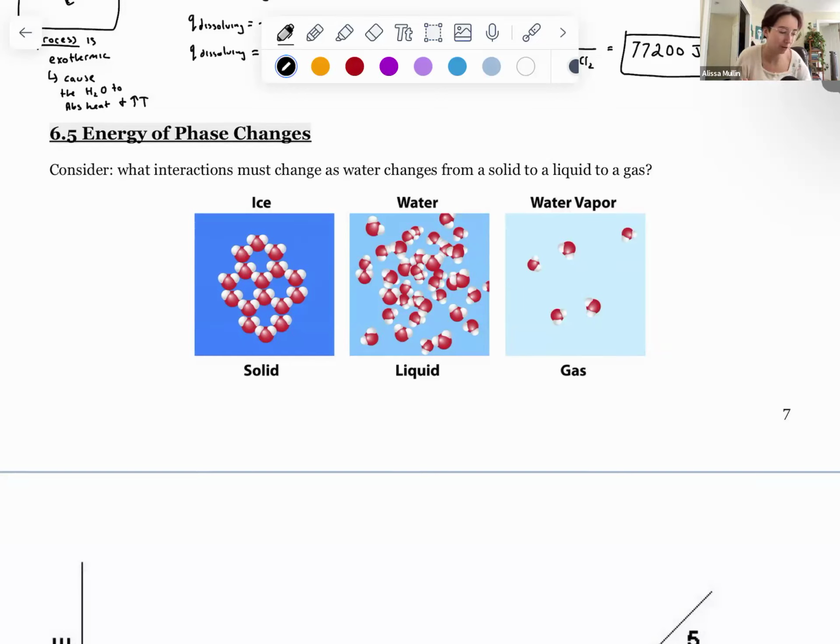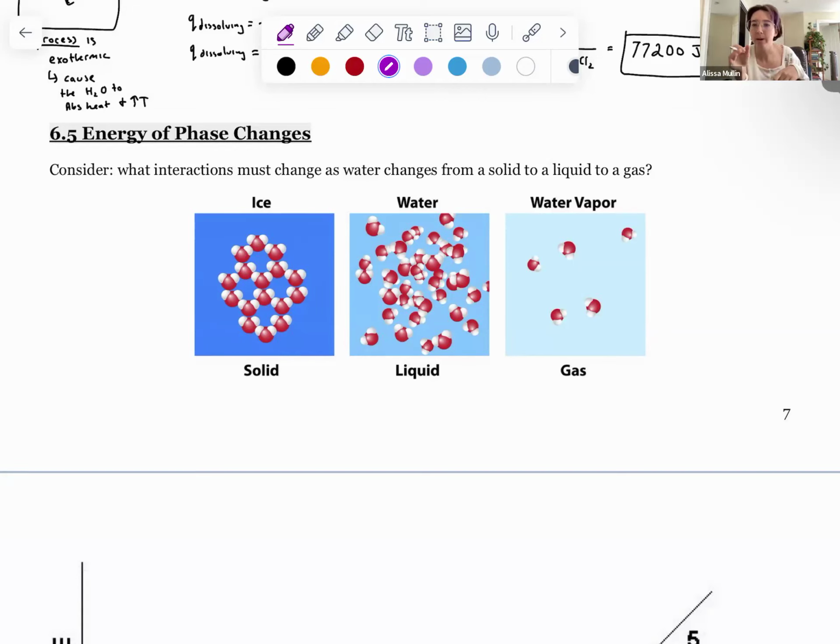We've talked about this a lot, so hopefully we feel comfortable remembering that in a solid, like ice here, there are very strong interactions holding together that solid. If it's a molecule, there are strong IMFs, or a very structured IMF structure. If it's a lattice, then they're all held together very directly. Whatever it is, the force is holding together that solid. It's very structured.